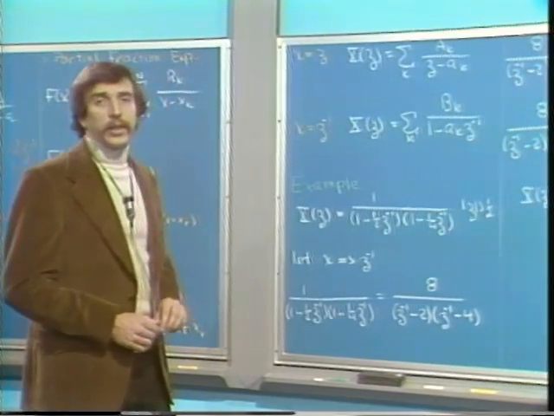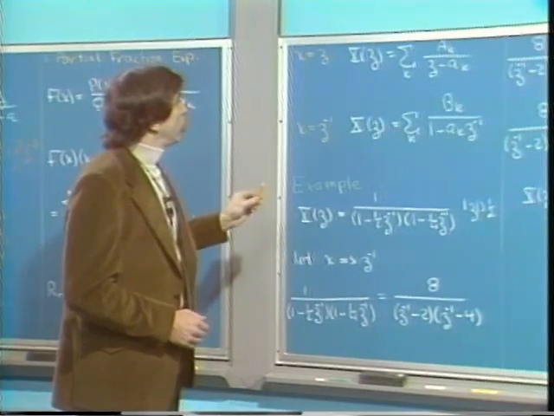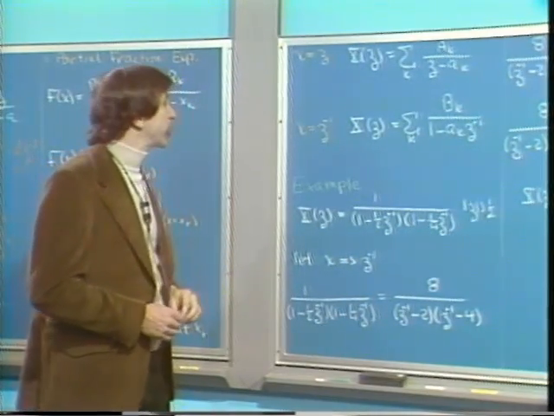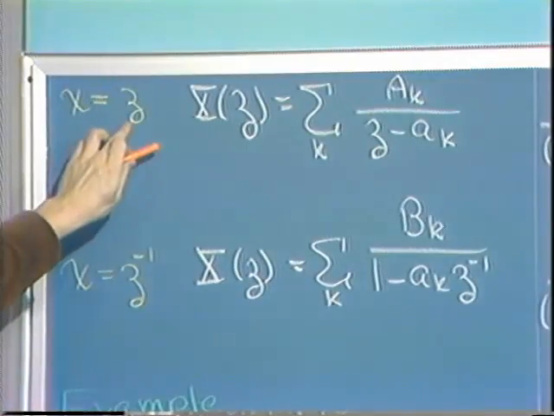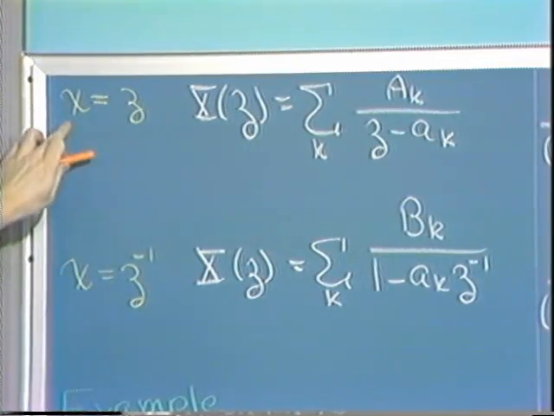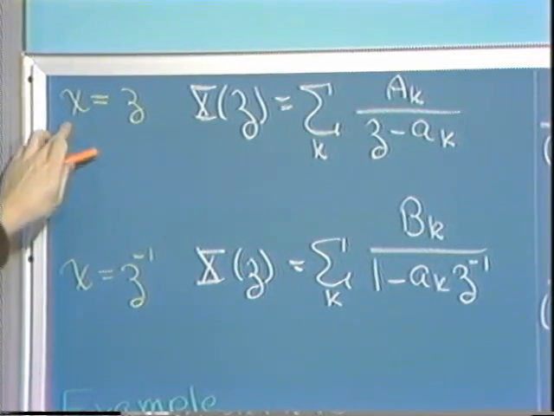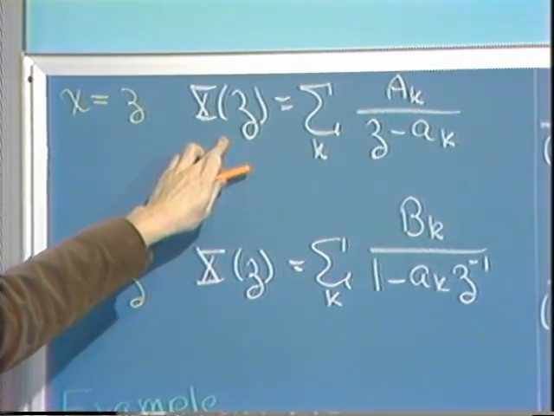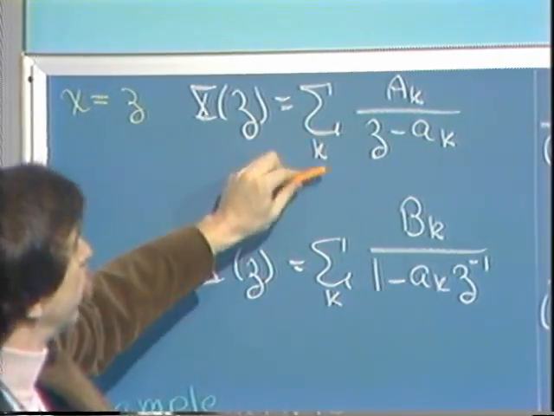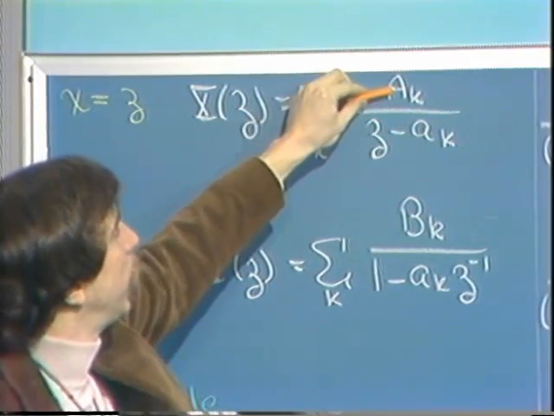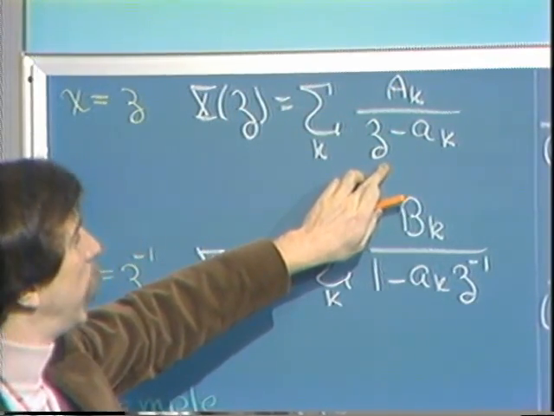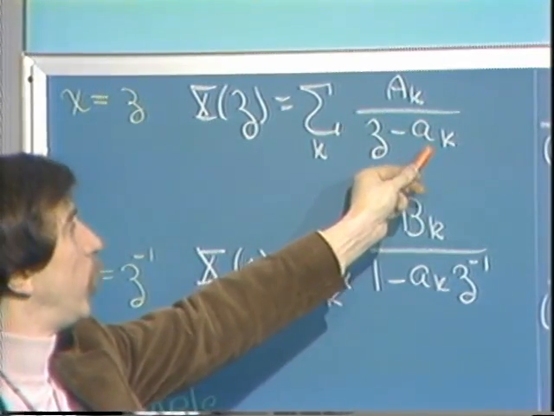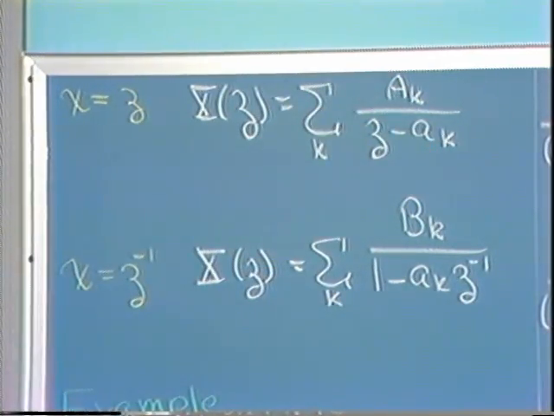And consequently, referring back to the general notion of the partial fraction expansion, we can either think of the variable z as what we were calling x over there, in which case we have an expansion of the z transform in the form of the sum on k of A sub k divided by z minus little a sub k, where the little a sub k's are the poles and the capital A sub k's are the residues.